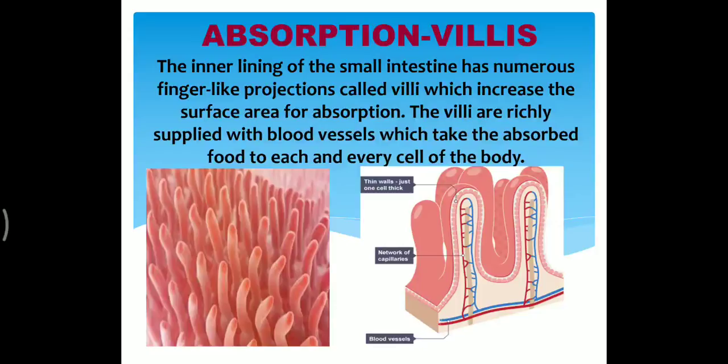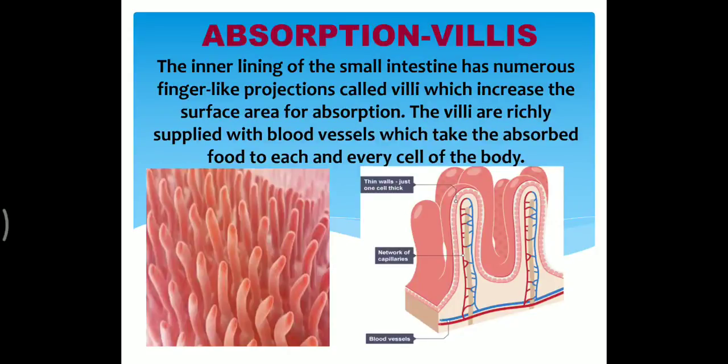Now what will happen? The inner lining of the small intestine has numerous finger-like projections. Just look at your fingers, how they look, like finger-like projections called villi, which increase the surface area of absorption. These villi are only for absorbing the nutrients which are already digested.